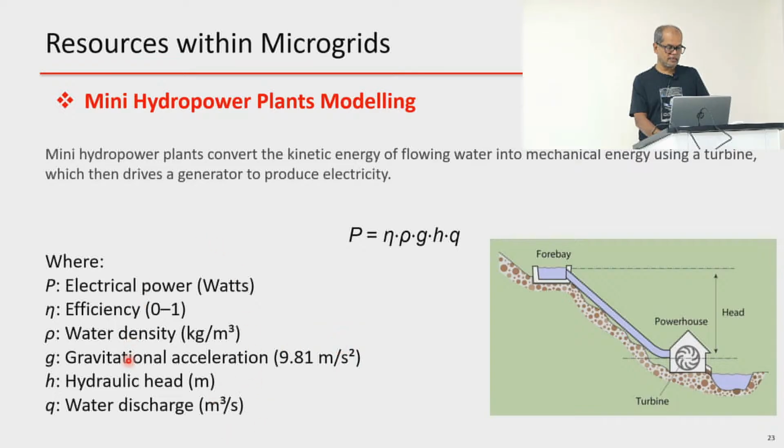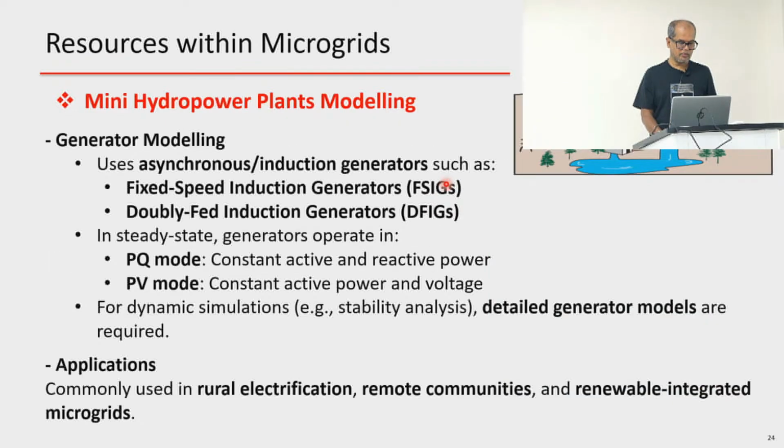Depending on these values, you can easily calculate the power that you're going to get. And efficiency will depend on the overall system, turbine and generator. That gives the overall efficiency, and if you multiply that, you get the output power from that particular system.